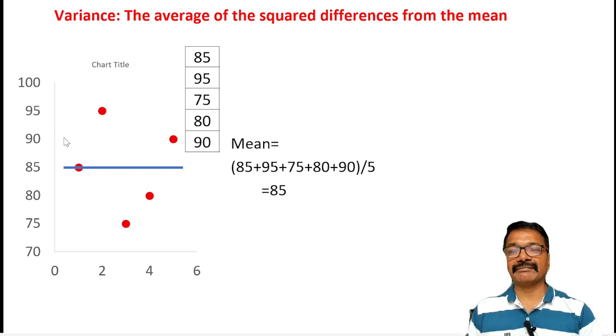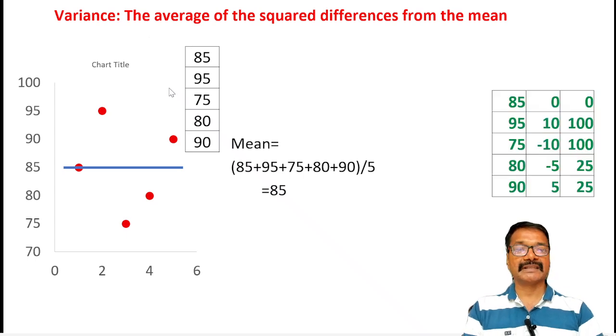In a graphical way it is also represented. For example, 85 is the first student's mark, then 95 second, then 75 third, 80 and 90. I wanted to calculate the variance. From the definition we saw that it is a square difference. So how to calculate the square difference from the mean?